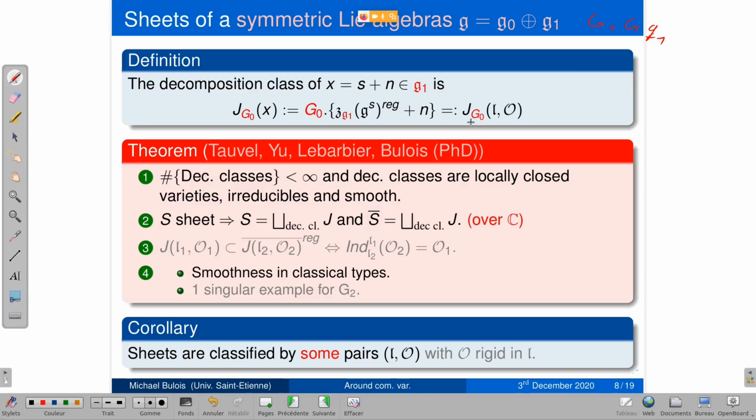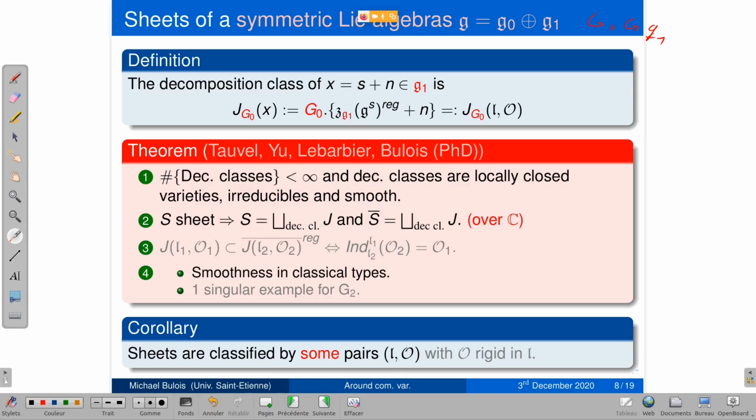You can look at pretty much the same object, just you ask for the element to lie in G1 and you take the action by G0. So this is what I have written, the J_G0 of X. Again, Jordan decomposition classes are finitely many. They are locally closed, irreducible, and smooth. You can find it in some works by Tauvel and Yu.